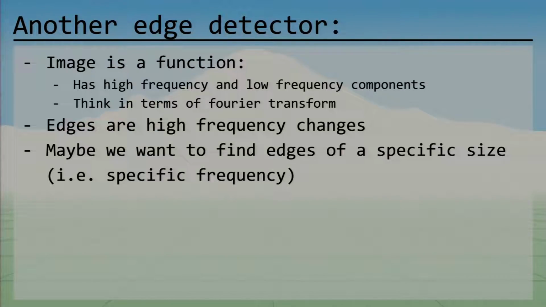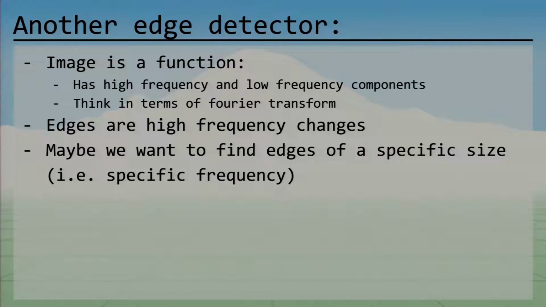We're looking for edges, and we might not want to do second derivatives because we're scared of them for some reason. So instead, we can think about an image as a function again, and we can think about doing Fourier transforms on this image.